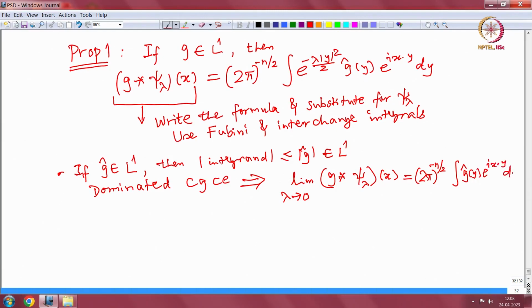So we are already seeing the terms we want.